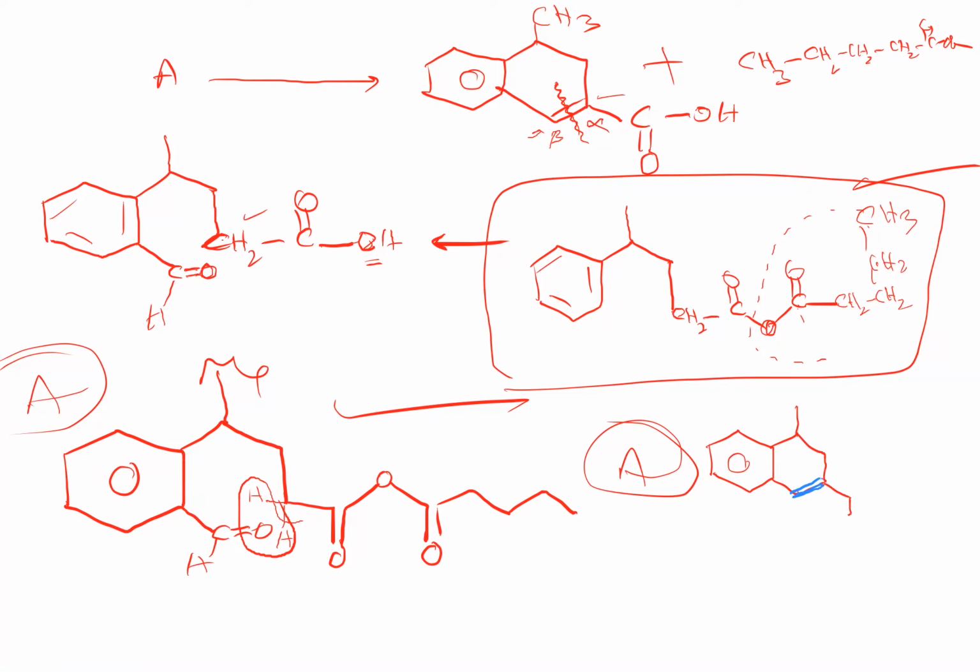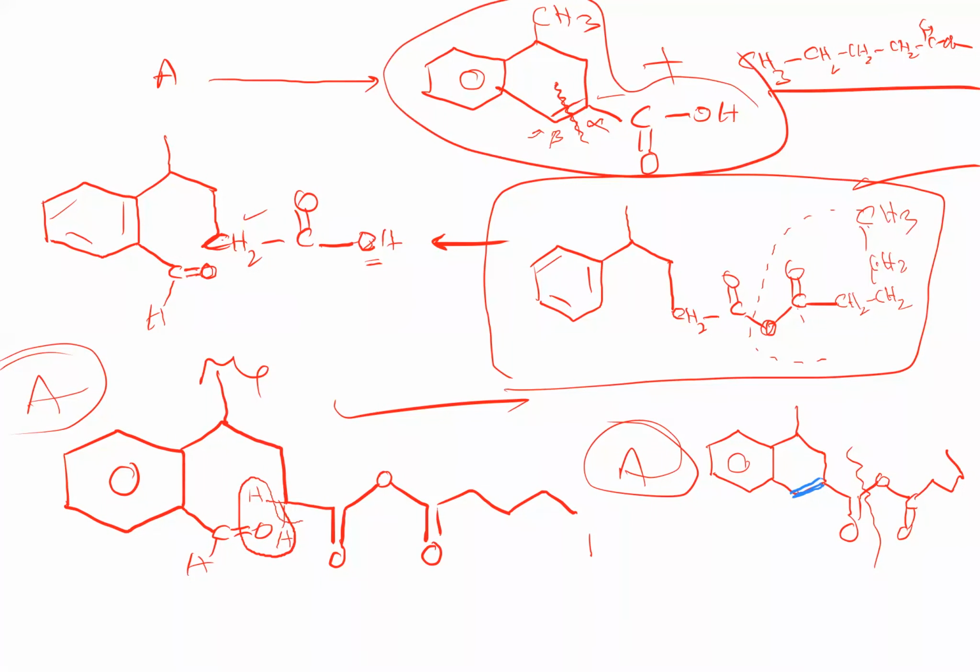This side double bond O, CO, 1, 2, 3, 4. Then hydrolysis. During the hydrolysis, this part will become acid. Then the other one is pentanoic acid, 1, 2, 3, 4, 5.